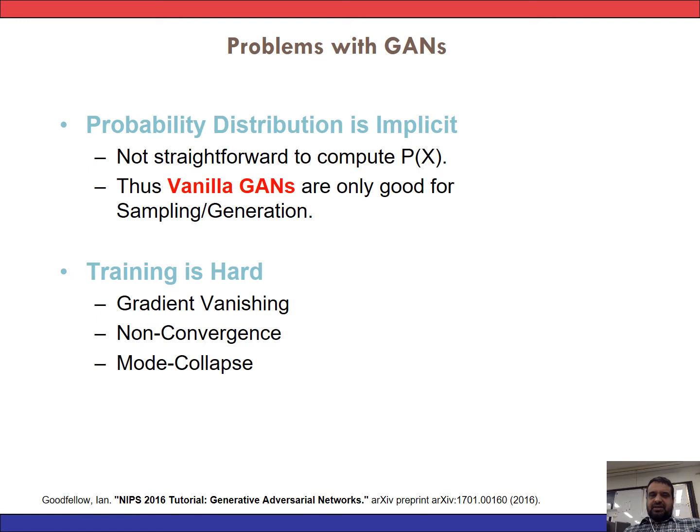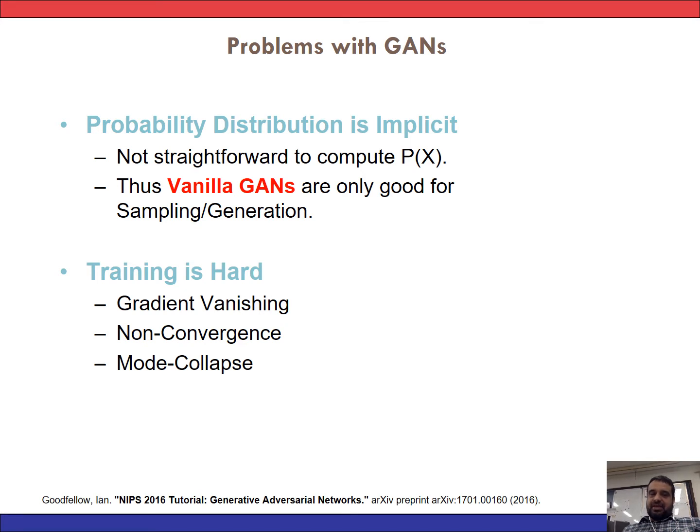In explicit density estimation models, computing the data distribution is not straightforward, whereas in the generative adversarial network, estimating the data distribution is simple, and it can generate the images from noise easily. But there are some limitations of the generative adversarial network also.